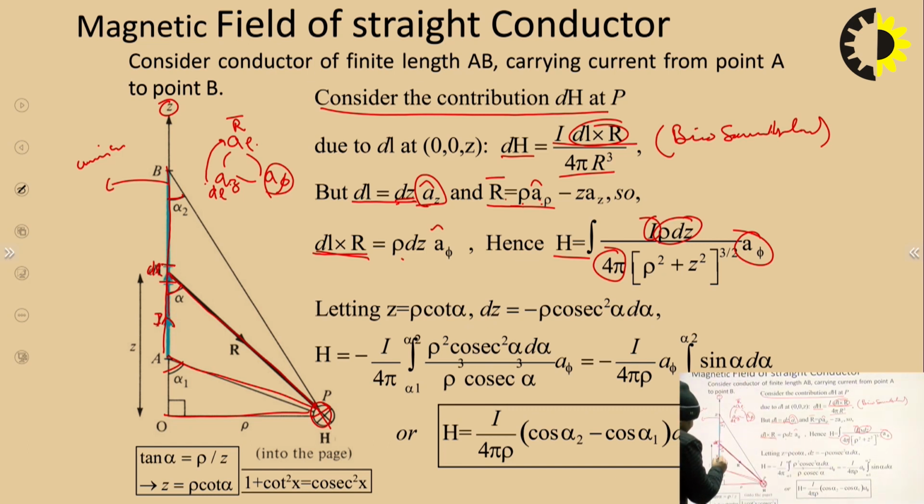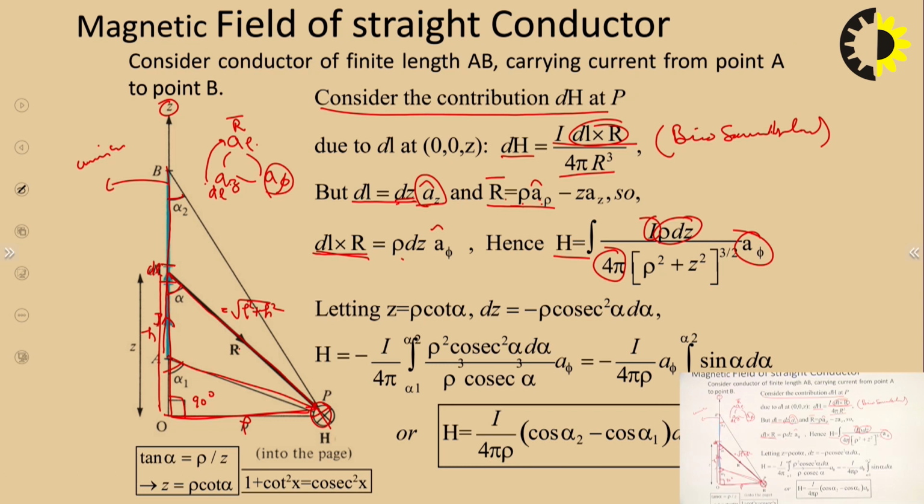What is r? This distance is rho, and this is 90 degrees. So r is equal to the square root of rho square plus h square, where this distance is h.